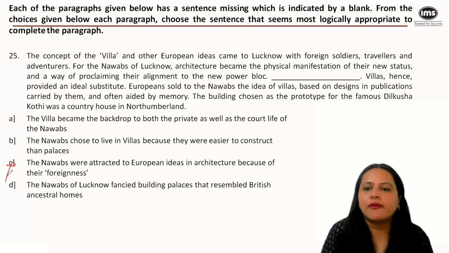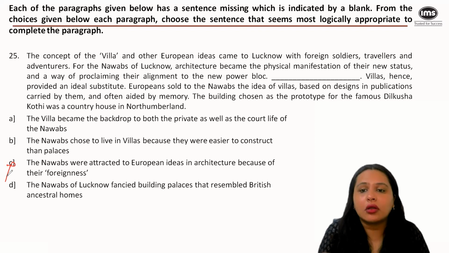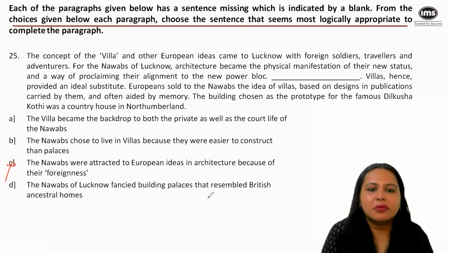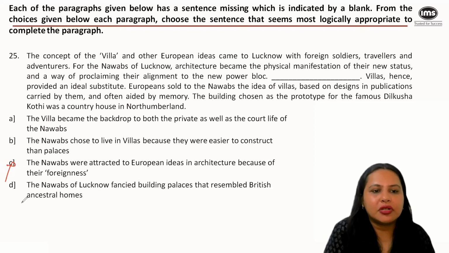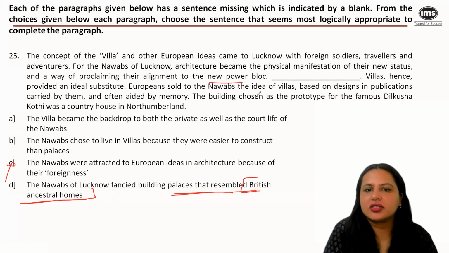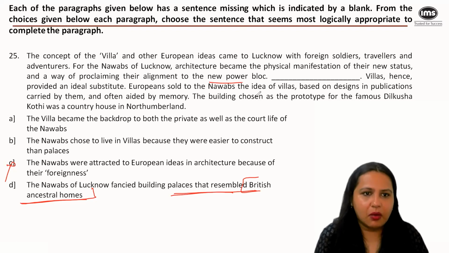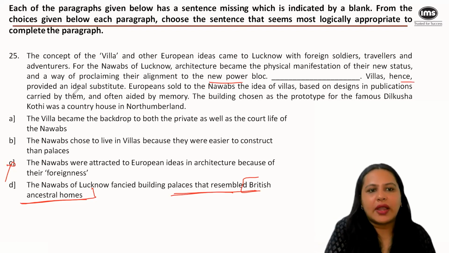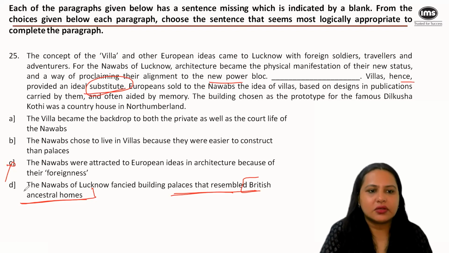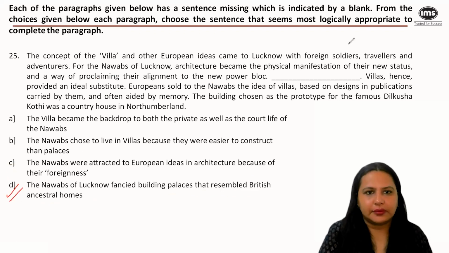So it was not due to foreignness, it was because they wanted to be seen as somebody powerful. Option D, the Nawab of Lucknow fancied building palaces that resembled British ancestral homes. So that resembled, why? Because I want to be associated with something that represents power, and hence provided an ideal substitute. So the correct answer to this question will be option D.